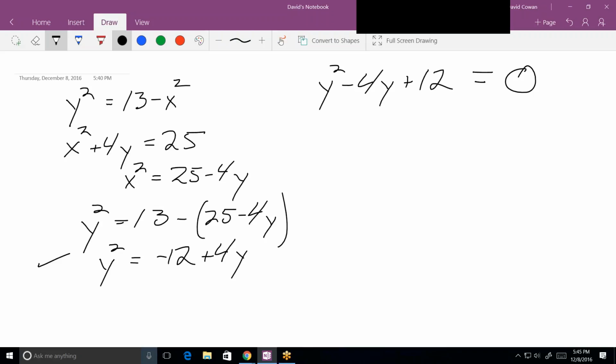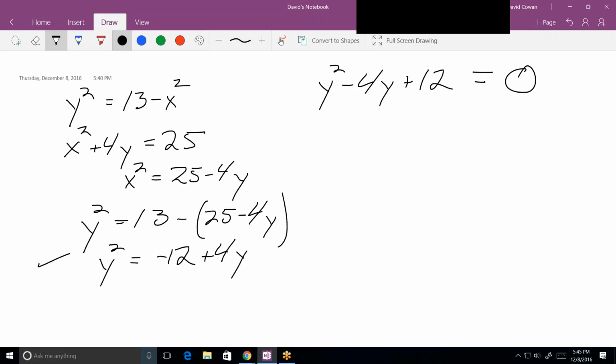There's no way that two different methods that are both correct can come up with two different quadratics. I'd be happy to do that, but I'm going to come up with the same quadratic. Yeah, and I'm trying to see if I made a mistake here.